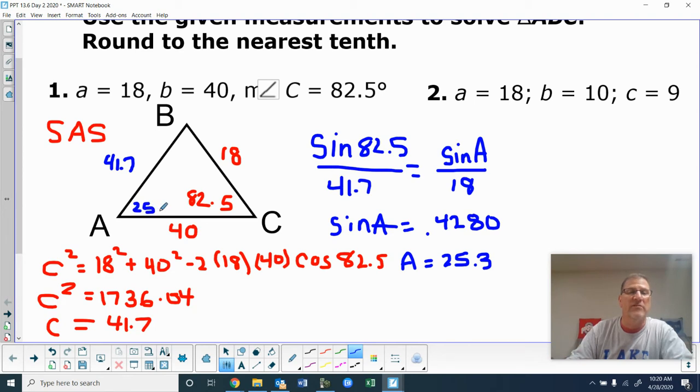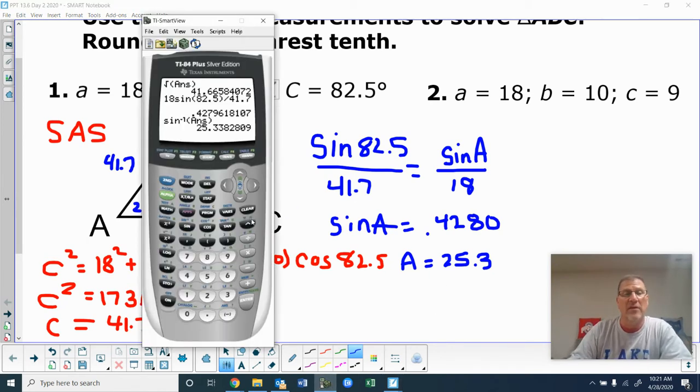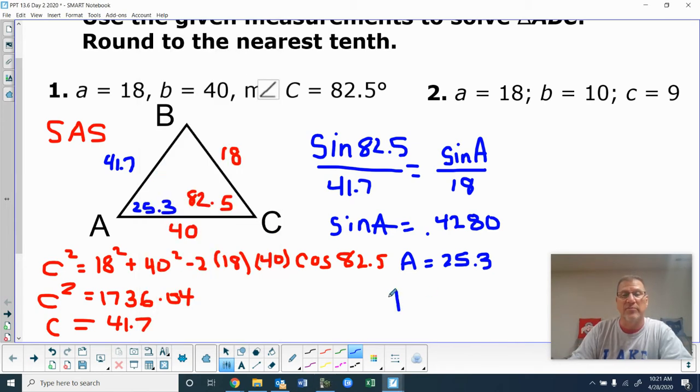Remember, these all need 3 answers to solve the triangle. So now I'm going to add the 82.5 that I know plus 25.3, and then go 180 minus that answer to get the remaining angle, 72.2, which was angle B.